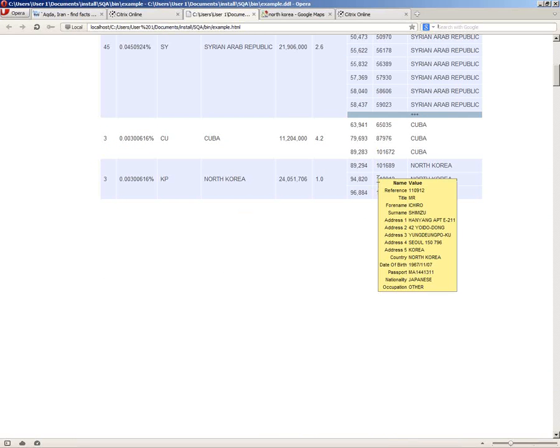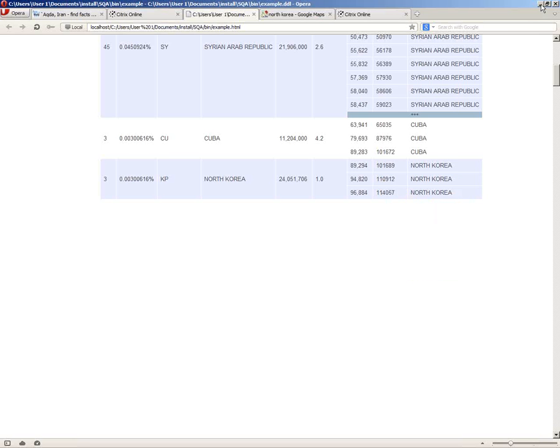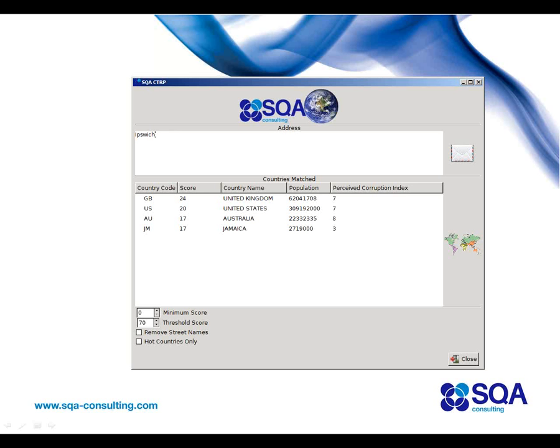And when we looked at them, we said, oh, well, they actually look like North Korea, because this one in address line 4 has Seoul, which we know is the capital of South Korea. So we suspect the country is set to North Korea, but the address is from South Korea, and our risk is being overstated. Well, can our CTRP screening help us with that? Well, the answer is yes, it can.